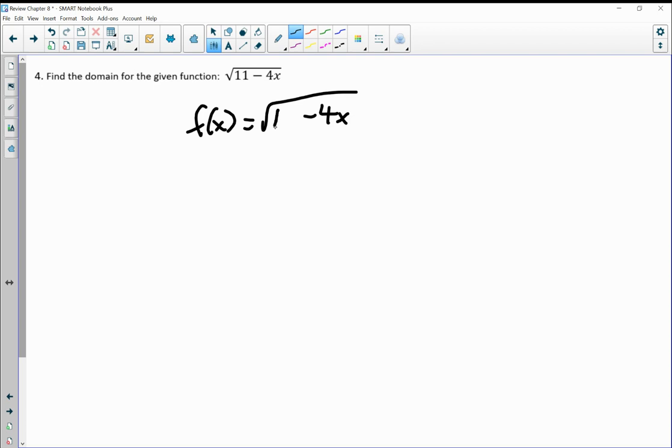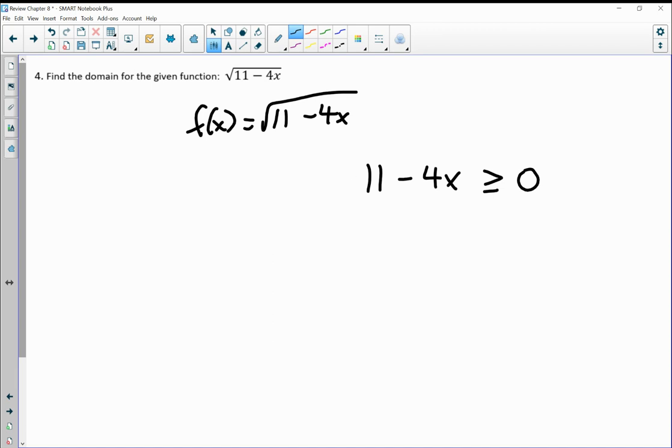So when we see a square root function, just remember the radicand, right? The expression underneath the square root has to be greater than or equal to 0. Okay, that would be our initial setup for it. And then we could go into interval notation later on.